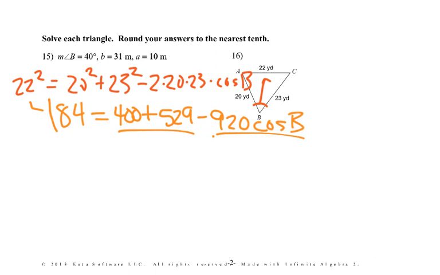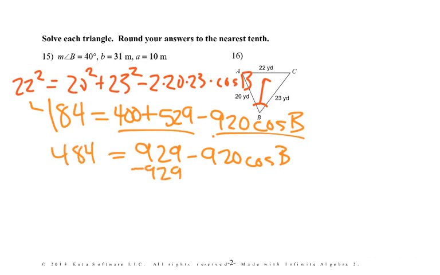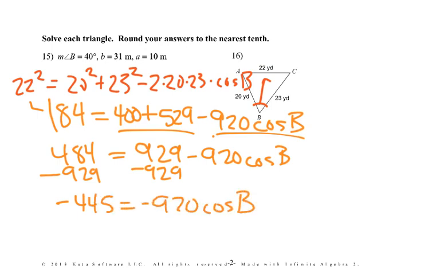So I've got 400 plus 529, which is 929. I can't subtract the 920 from it. Instead, what I have to do is get everything on the other side. So I subtract 929, so 484 minus 929 gives us negative 445 equals negative 920 cosine of B.